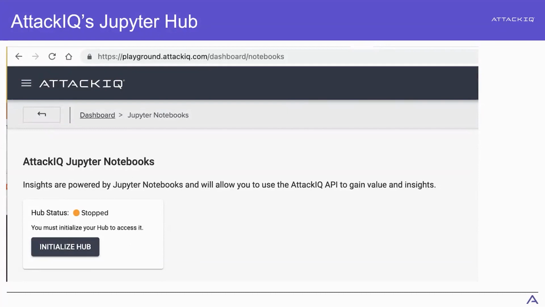And because we feel so strongly about this, one of the releases that we have is that we have integrated Jupyter Notebooks inside of the AttackIQ platform.